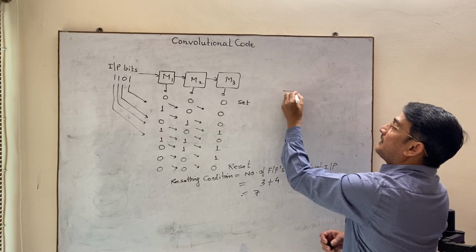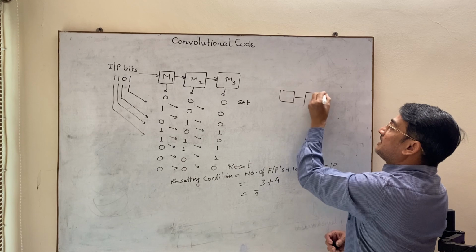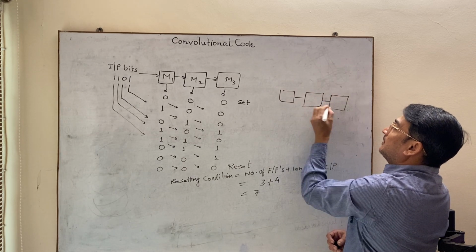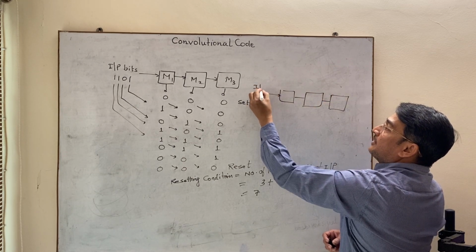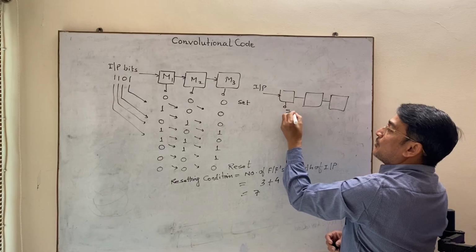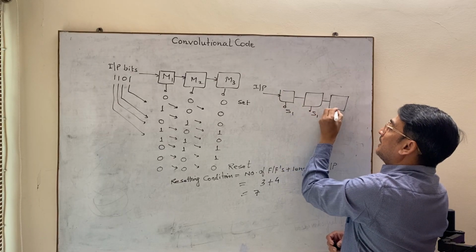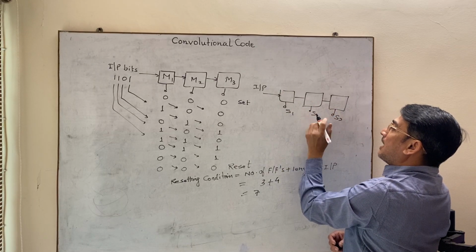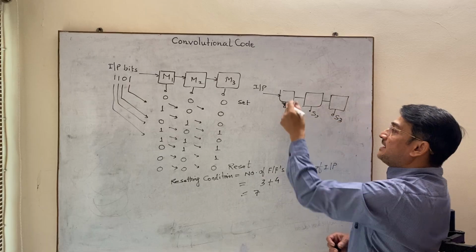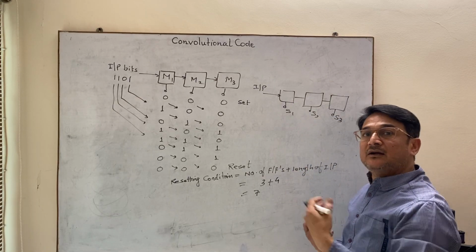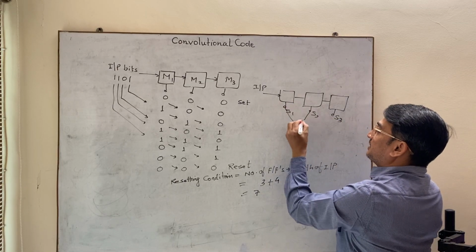Suppose this is your shift register, this is your input, these are the outputs. Now these outputs basically need to be connected in a logic.